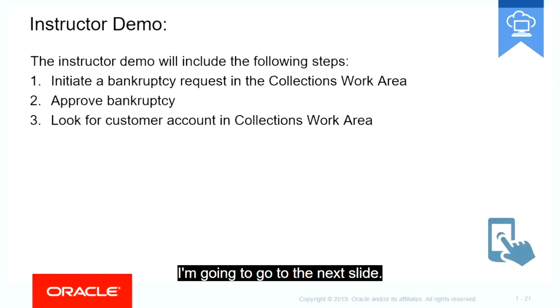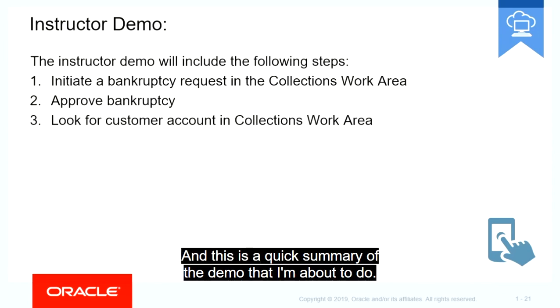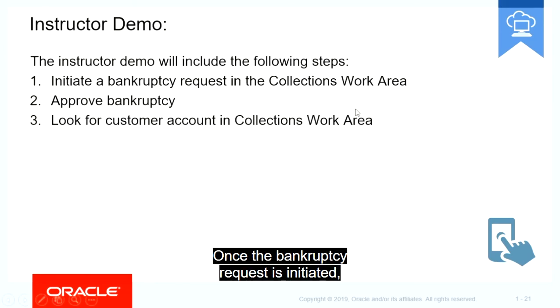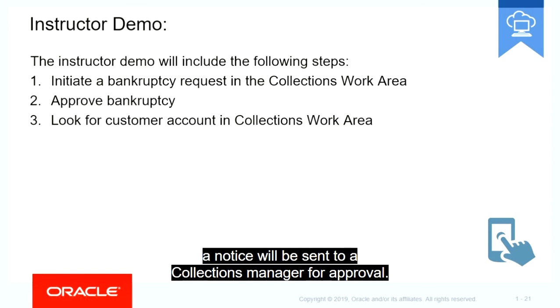Okay, I'm going to go to the next slide. And this is a quick summary of the demo that I'm about to do. I'm going to navigate to the collections work area to initiate a bankruptcy request. Once the bankruptcy request is initiated, a notice will be sent to a collections manager for approval.